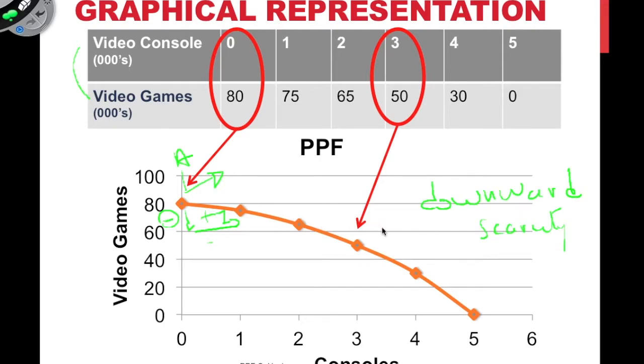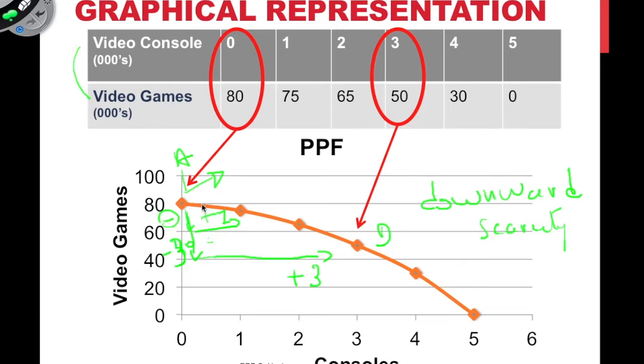So for instance, if we go from this combination, call them A, B, C, D, to this one, you are going to gain 3 consoles. But in order to do that, you would have to lose, I'm sorry, not 40, but 30 video games in the process.